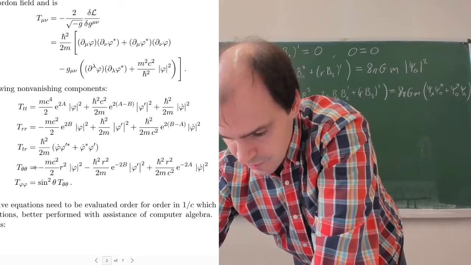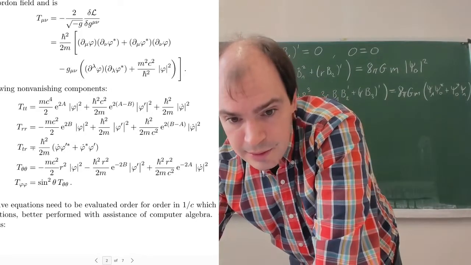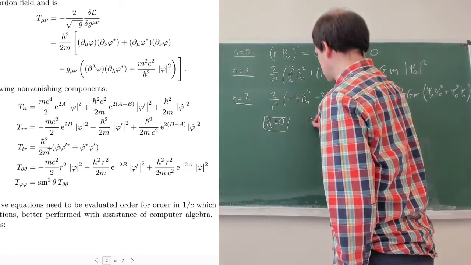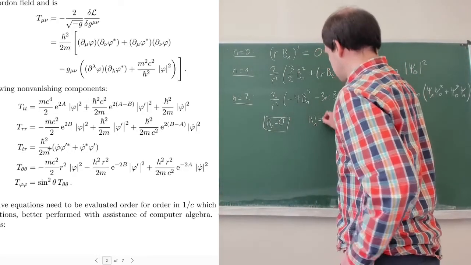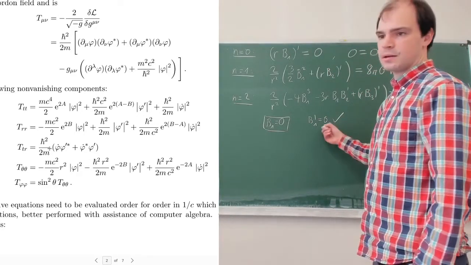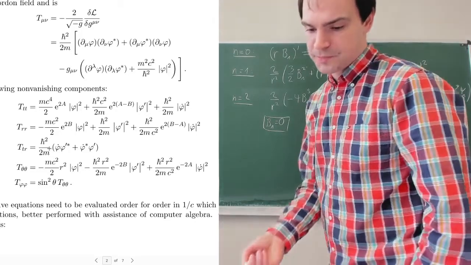If you look at this, the TR component will give us B1 prime equals 0, but this is already trivially satisfied if B1 equals 0.